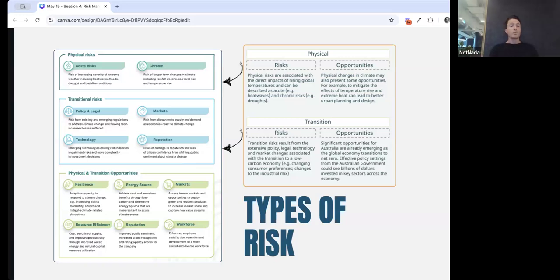So there are opportunities here as well. It's not just all risk, and it's important from a business perspective that you identify these opportunities as well. And again, as part of this process, document and create that logic behind why you see these opportunities for the business as well as the risks.